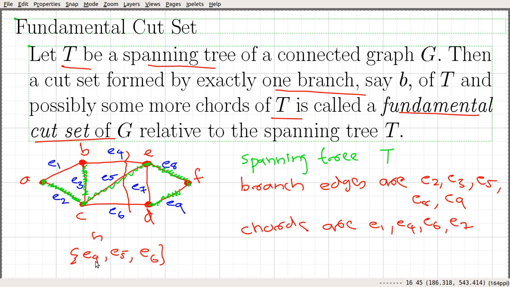And no proper subset would disconnect the graph, so it forms a cut set. E4 is a chord edge, E5 is a branch edge, so this corresponds to B in this definition, and E6 is a chord edge. So it is a cut set containing exactly one branch and some more chords. This is an example of a fundamental cut set.